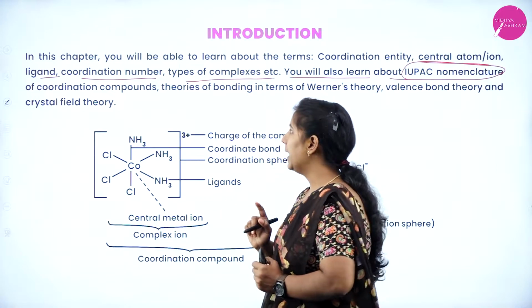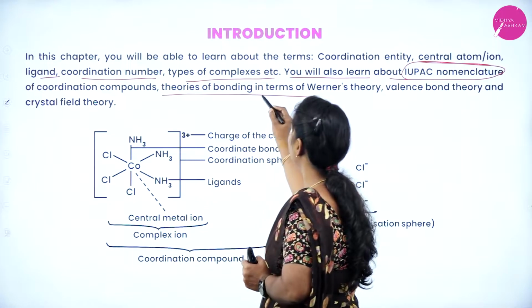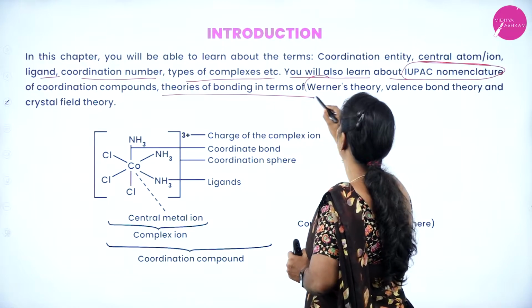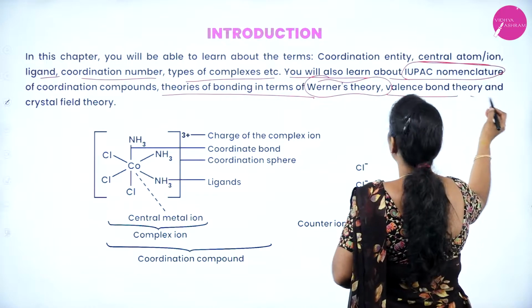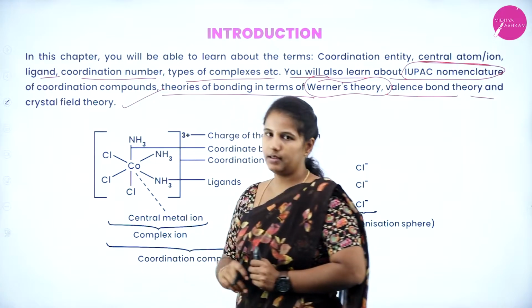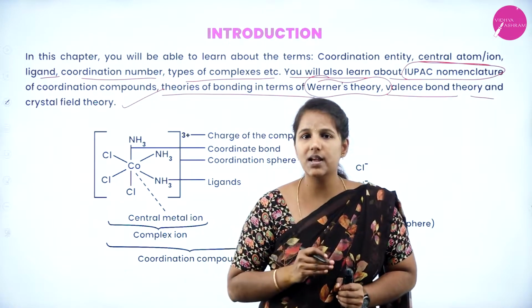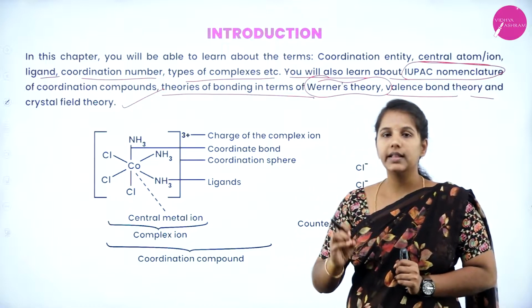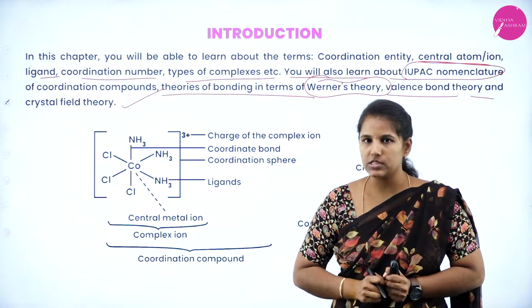Okay, and their theory in bondings of Werner theory, valence bond theory, and lastly we have crystal field theory. Okay, these are the important topic that I have covered in my concept class.